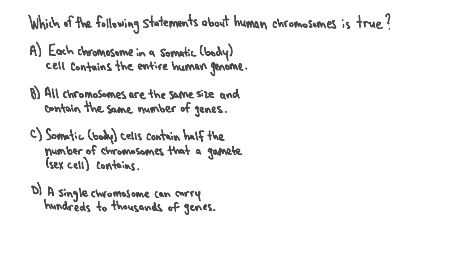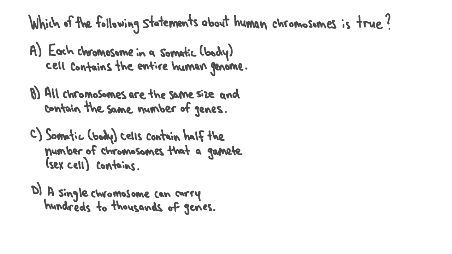B. All chromosomes are the same size and contain the same number of genes. C. Somatic, also known as body cells, contain half the number of chromosomes that a gamete, or sex cell, contains. Or D. A single chromosome can carry hundreds to thousands of genes. 3 of these 4 statements are false, and we're looking for the one that's true regarding human chromosomes.